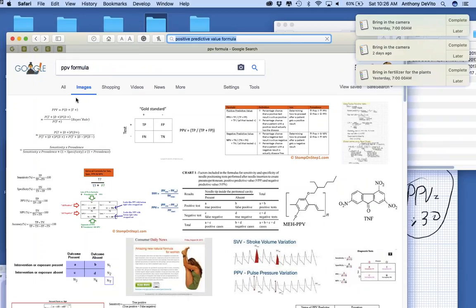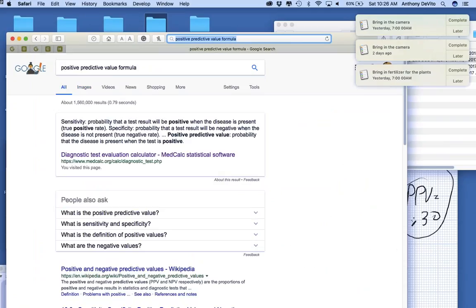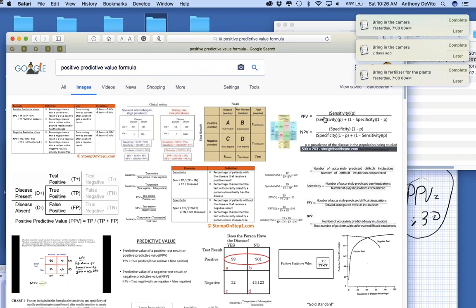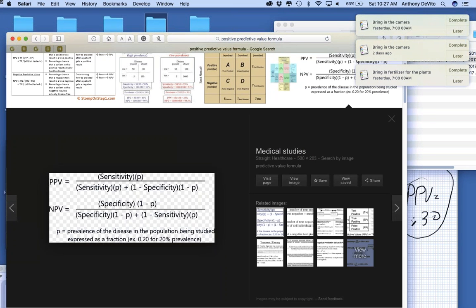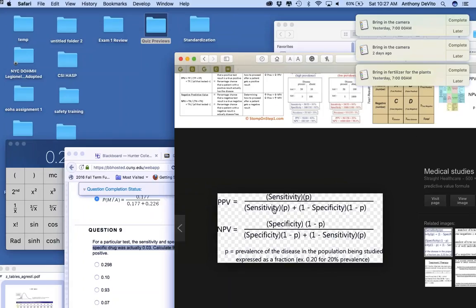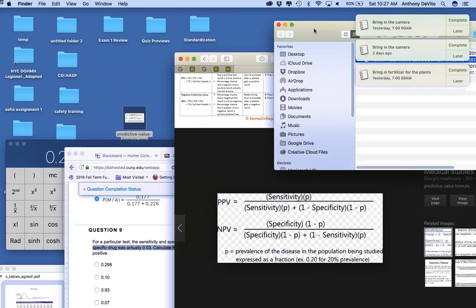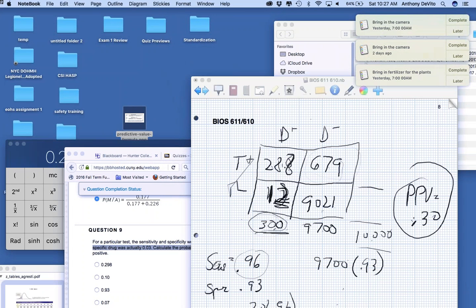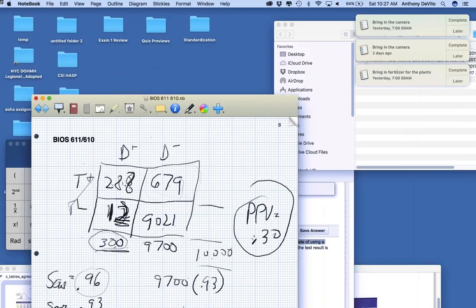Let's try it that way. Here we go. Okay, I'm going to drag that out here and put it into my table so we can work with it.